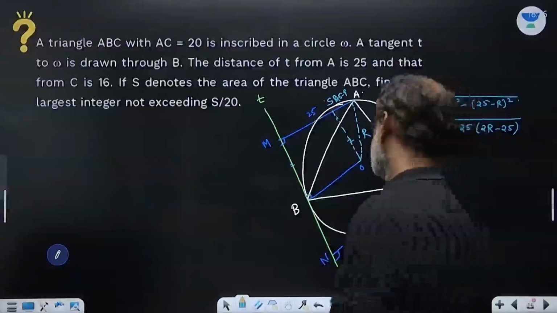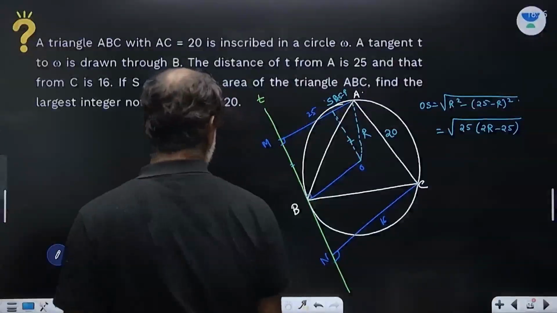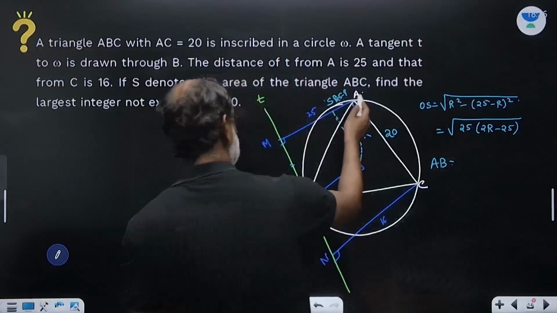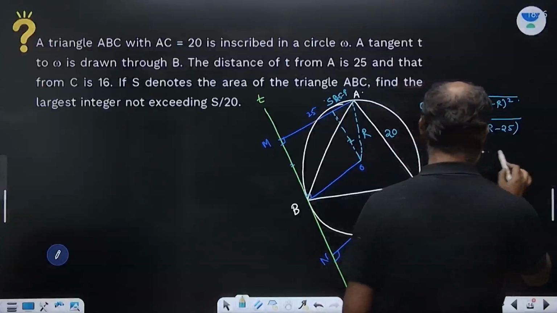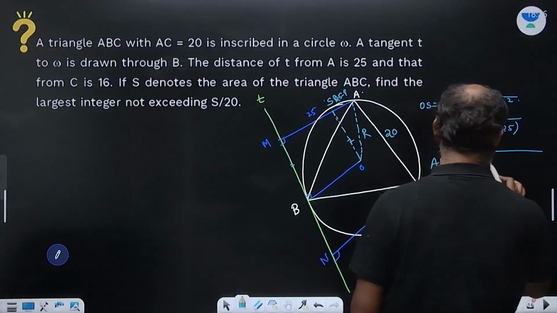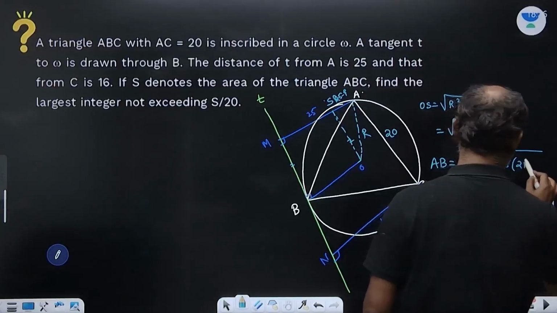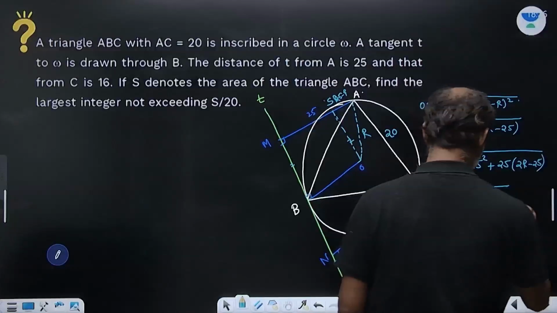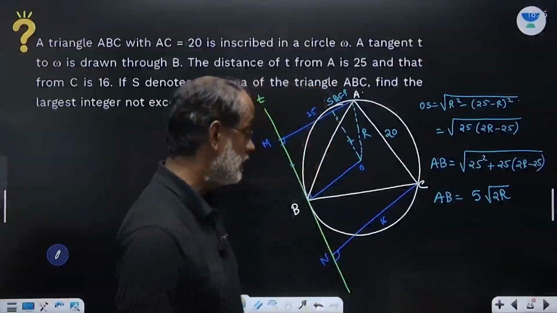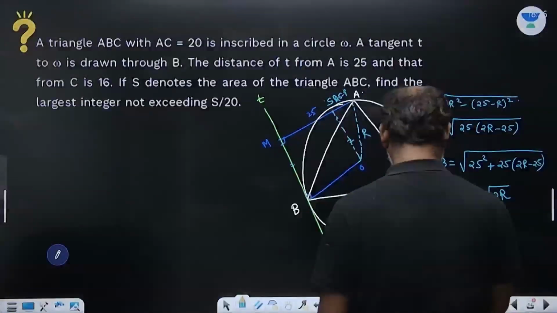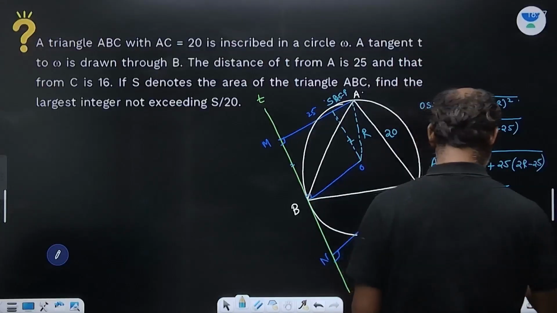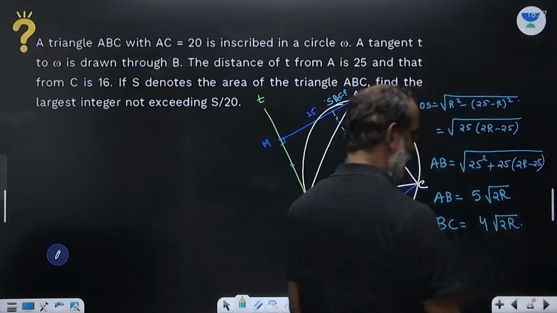This is OS. And therefore, we can say AB is root of 25 square plus 25 into 2R minus 25. So AB is 5 root 2R. In a similar vein, we can say BC is 4 root 2R. Let me not get involved in all the calculations.